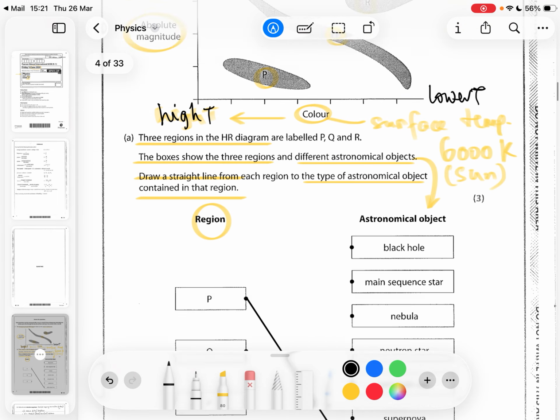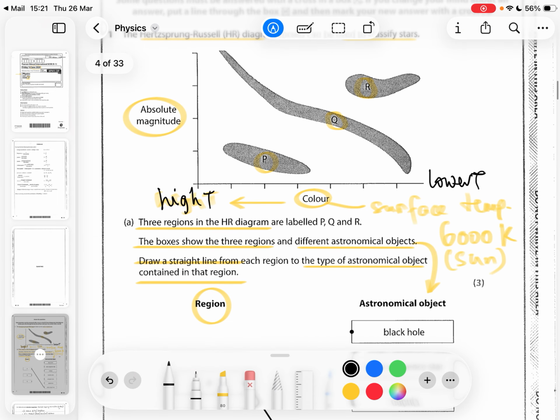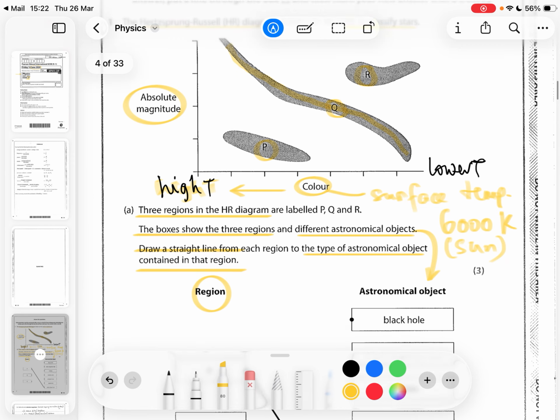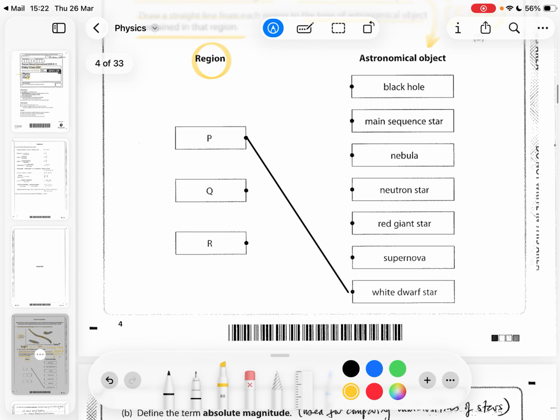And then Q on the diagram are called main sequence stars. So the normal stars which are burning hydrogen as fuel are in the main sequence section of their life. So I'm going to draw this one in a different color, and Q is a main sequence star. Okay?